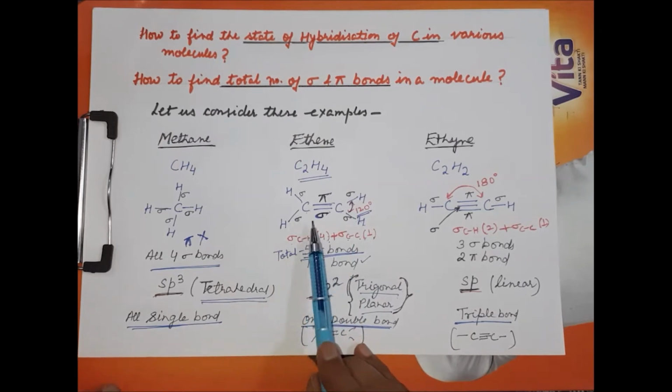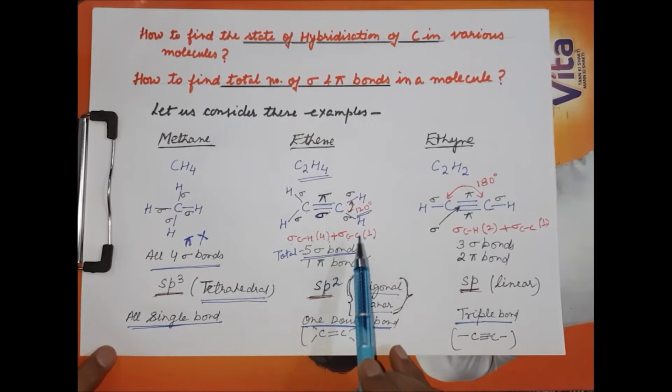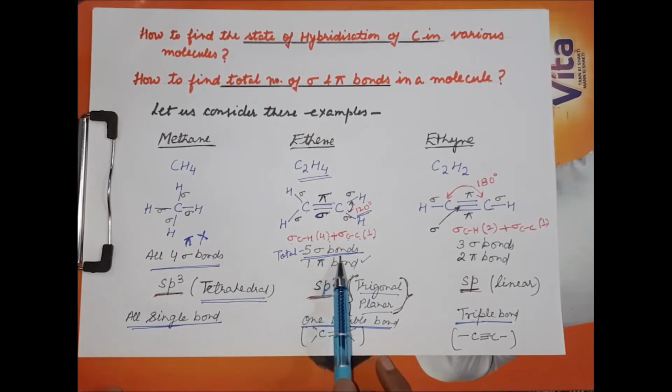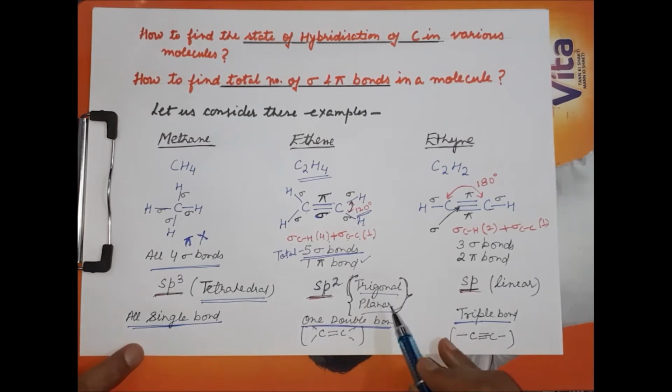And then the sigma bond between the 2 carbon atoms is only 1. So the total number of sigma bonds is 5 and the pi bond is only 1. And in such cases where a double bond is there with carbon, it is in the sp2 hybridized state and the shape is trigonal planar.